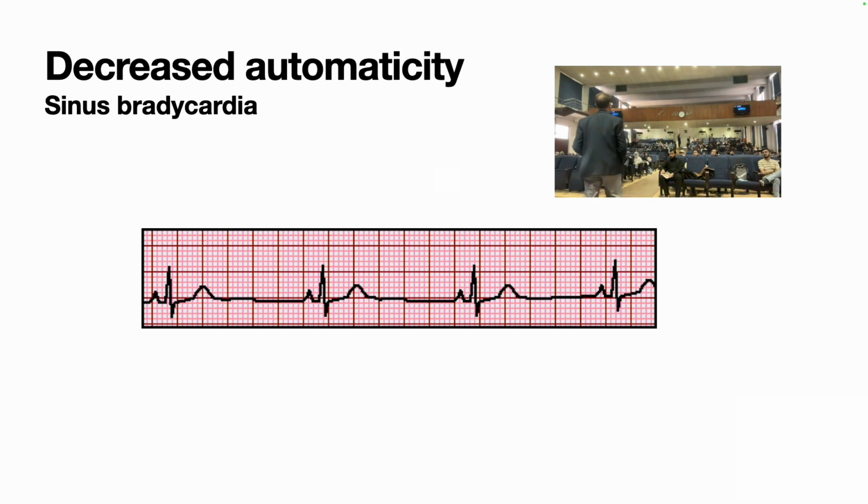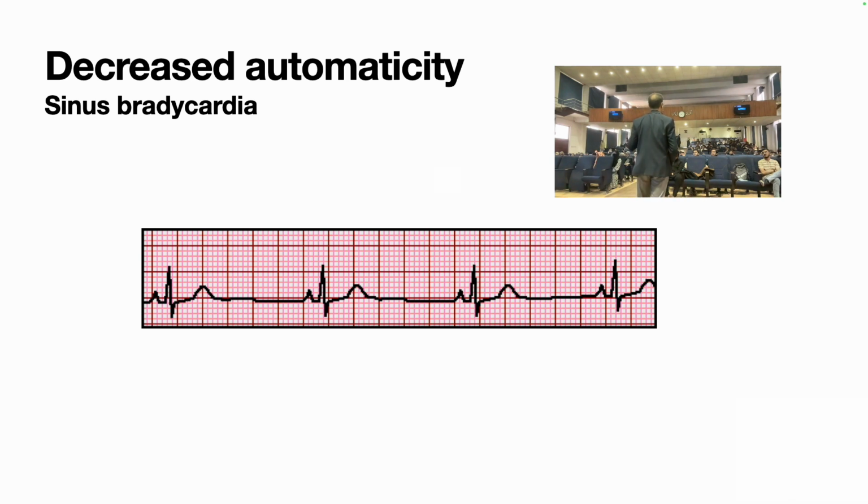What are the conditions in which you see sinus bradycardia? It can be in athletes, well-trained athletes. They can even have first-degree heart block. Not old age, that is not sinus bradycardia.